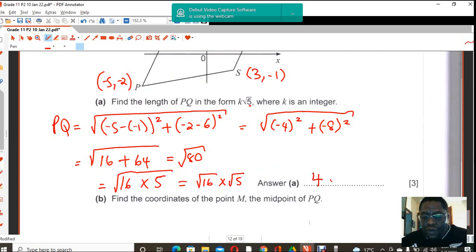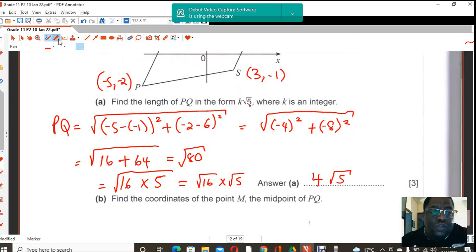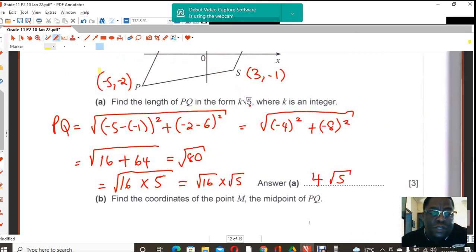It's 4 times that. Well, you don't have to struggle. You can just say, okay, square root of 80, your calculator will already give you the answer in surd form, 4 root 5. Okay, and that's the form that was requested. They requested this answer in that form.